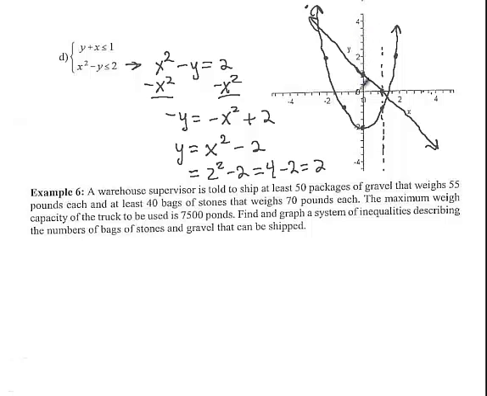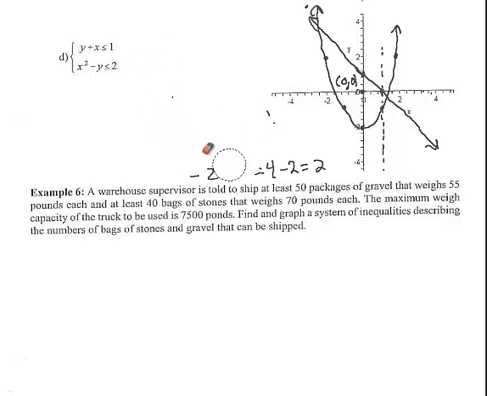I'm going to pick the easiest one to test first, and that is 0, 0, the origin, because it falls right in between the line and the parabola. And it's clearly not on one of the lines, so it's an easy test point to pick.